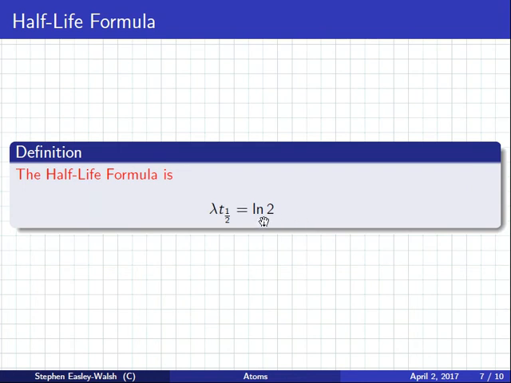I think in the formula book they write it as half-life is 0.69 over lambda. I'm not sure. Anyway, we have the result.